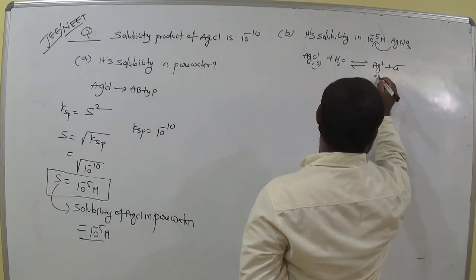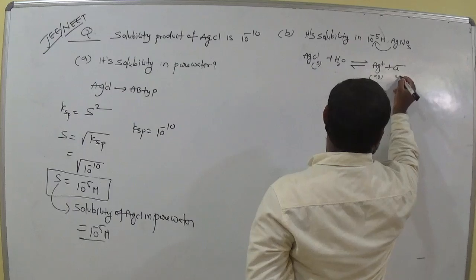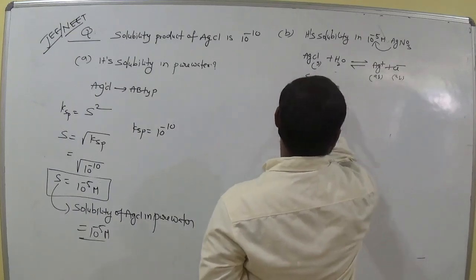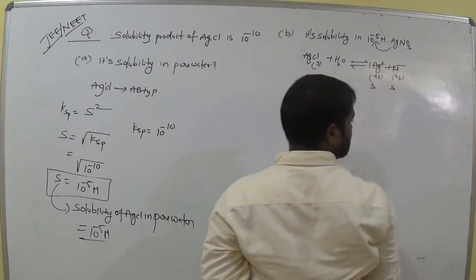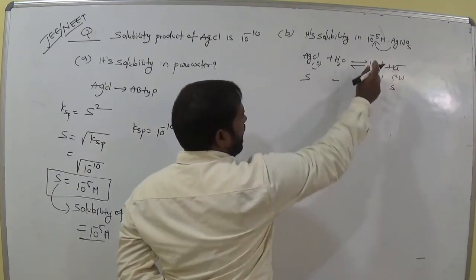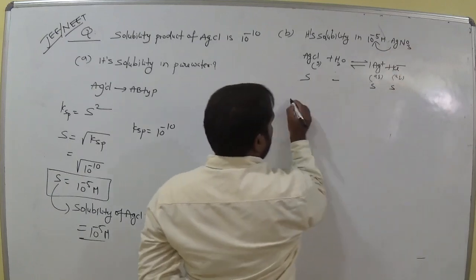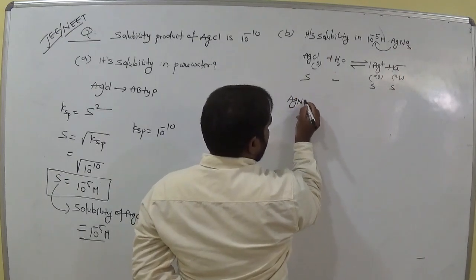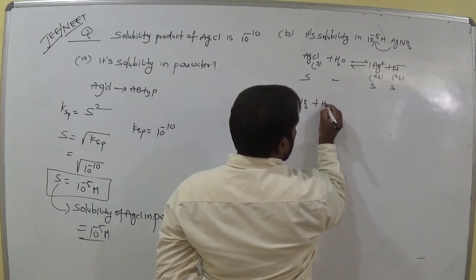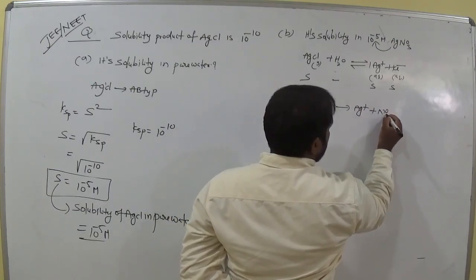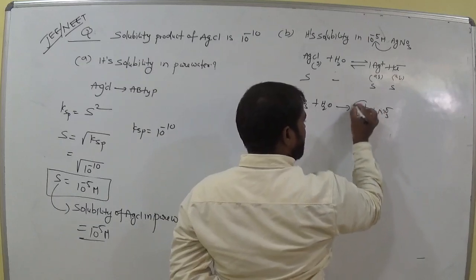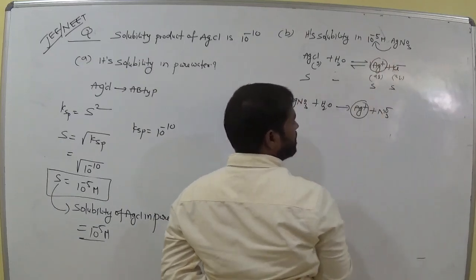Am I right? Now suppose its solubility is S, here 1 into S, 1 into S, clear? Now we add AgNO3; what are the ions present? Ag plus, NO3 minus. Now which is the common ion? This is the common ion, am I right?